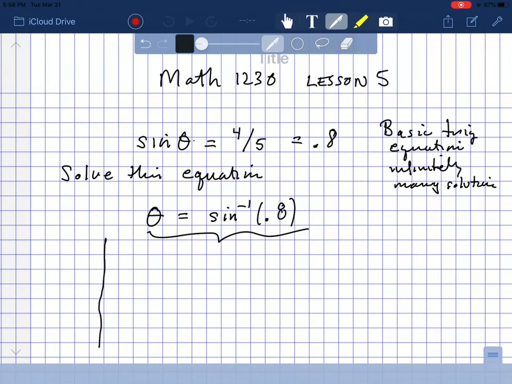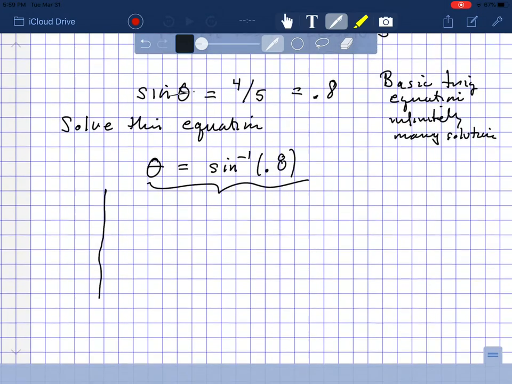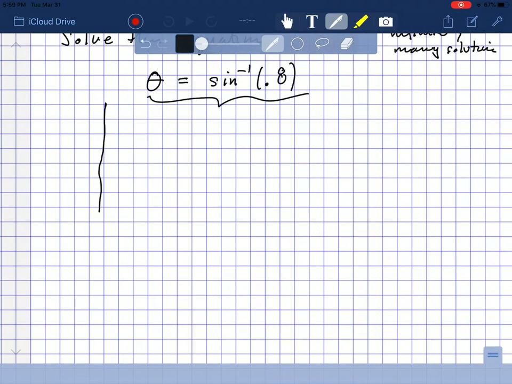Just writing theta equal to the inverse sine of 0.8 tells me something, but it doesn't tell me everything that I want to know. So let's go down here and think about this a little bit.